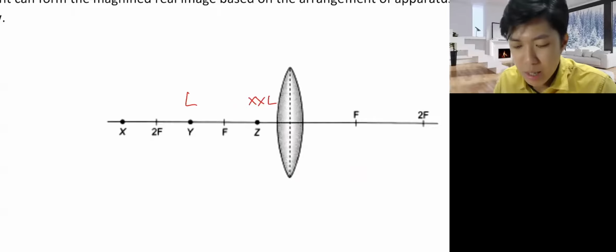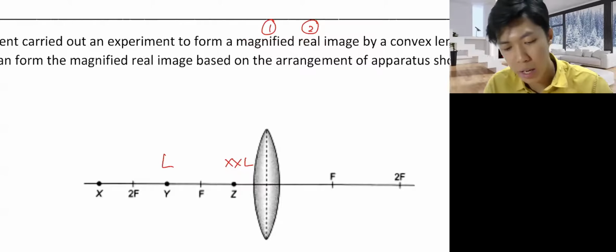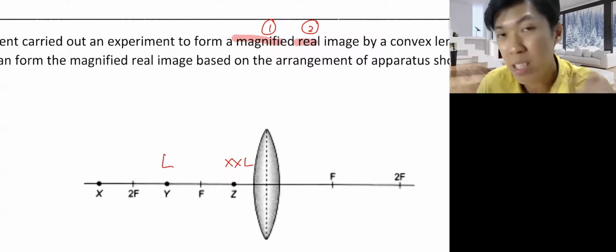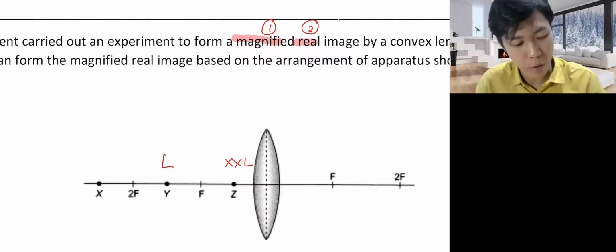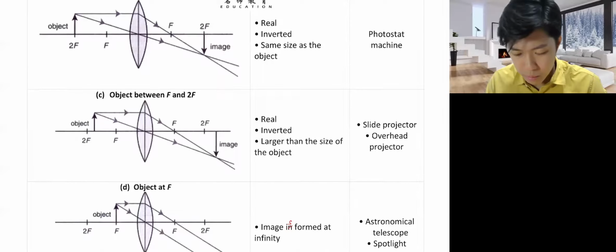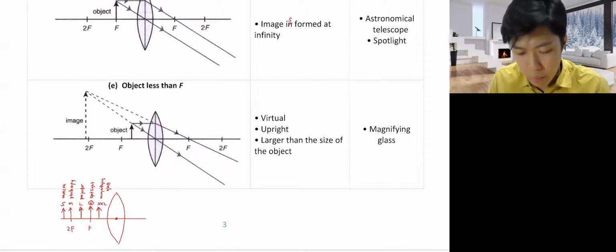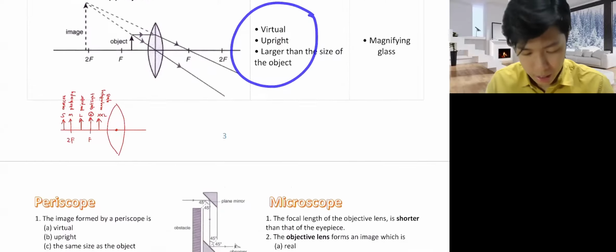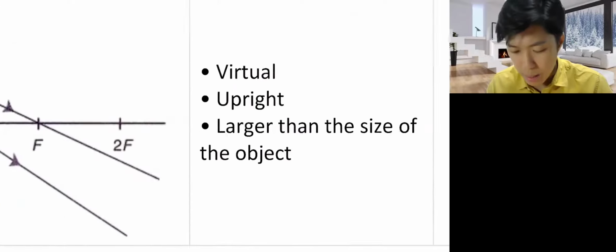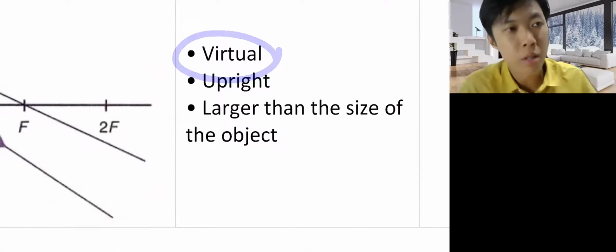Now, the question says real. Do you remember what is real or not? Real is the first 3 only. If you don't remember, we check again. If you want real, it cannot be the last one, because the last one is virtual.